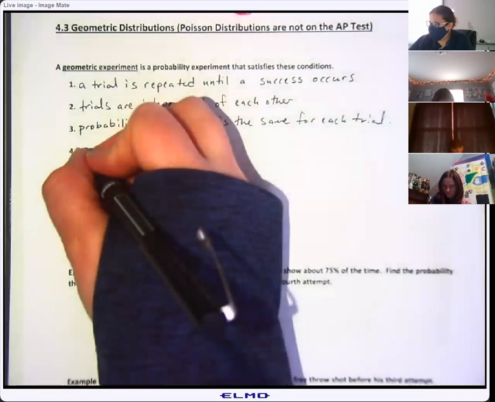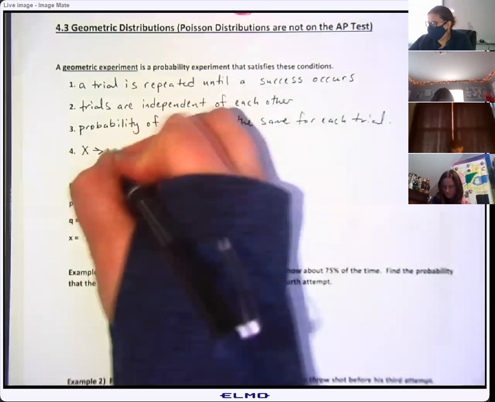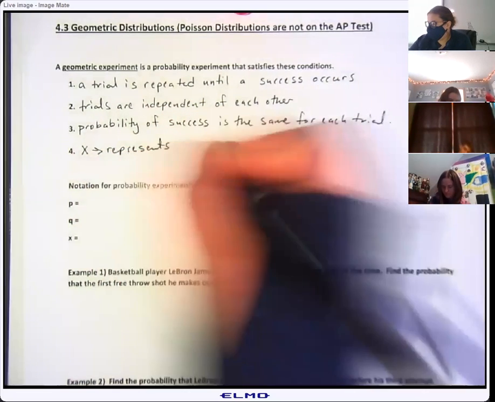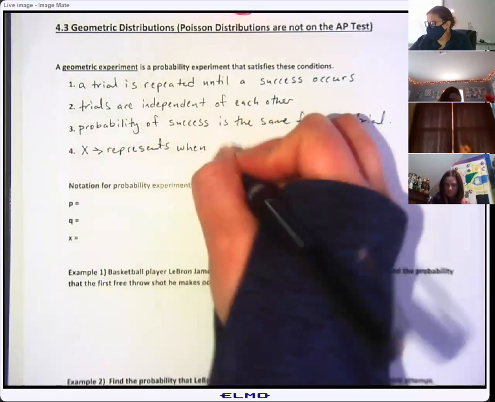And so here, X, the random variable, represents when the first success happens.